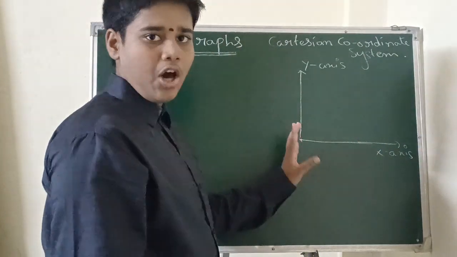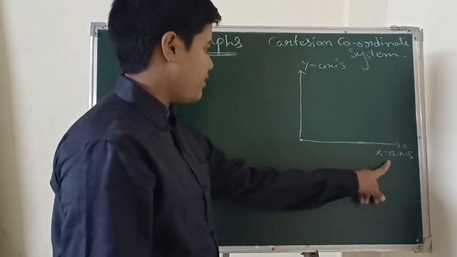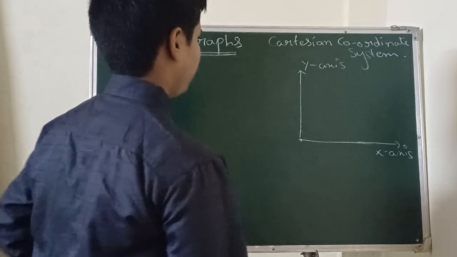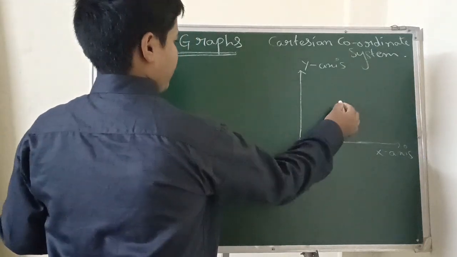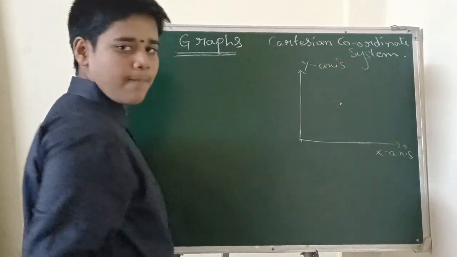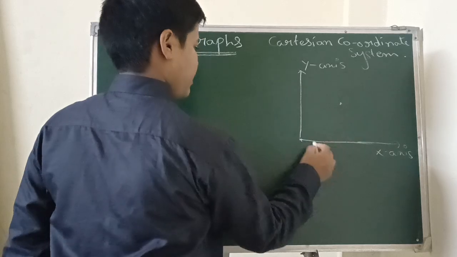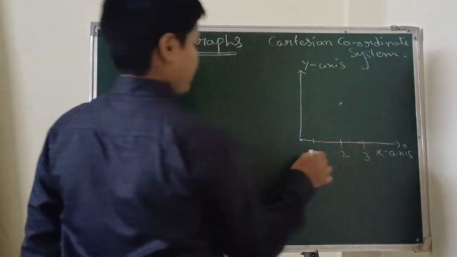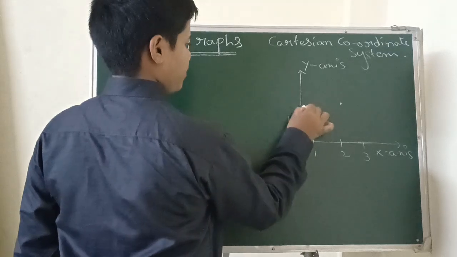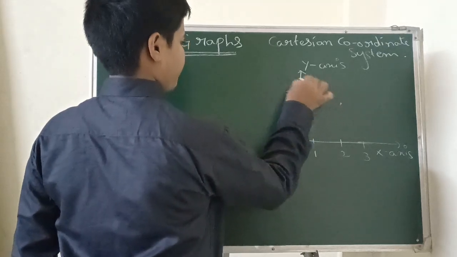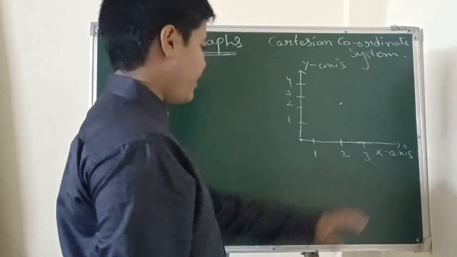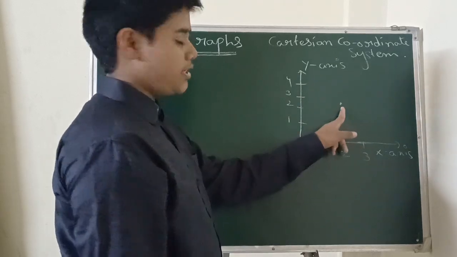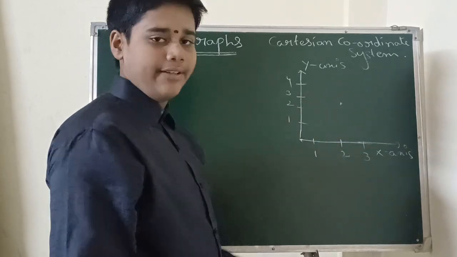So this is a normal graph with y-axis and x-axis. Okay. So if I take this point, here I am taking the values 1, 2, 3 and here 1, 2, 3, 4. If I take numbers like this in this coordinate system, this is one of the points in this plane.